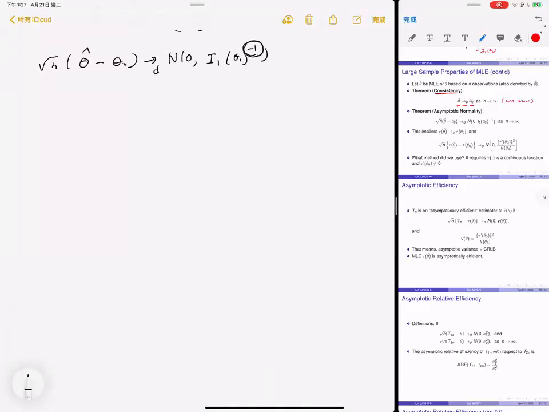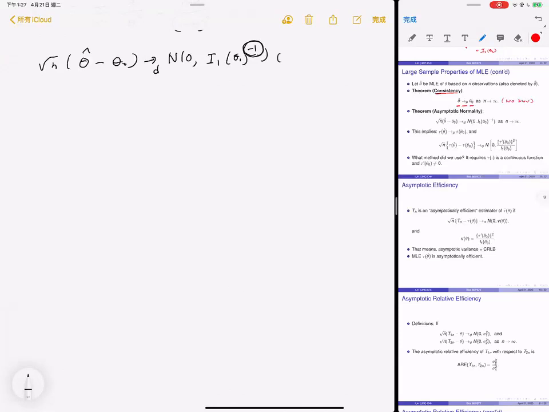A clear picture also means that you have less variation. You're around theta 0 a lot, and then you have reasonable variation of that. So why does the inverse term make sense? As the larger information, I1 or In, becomes bigger and bigger, then you take its inverse, and your variance becomes smaller and smaller.